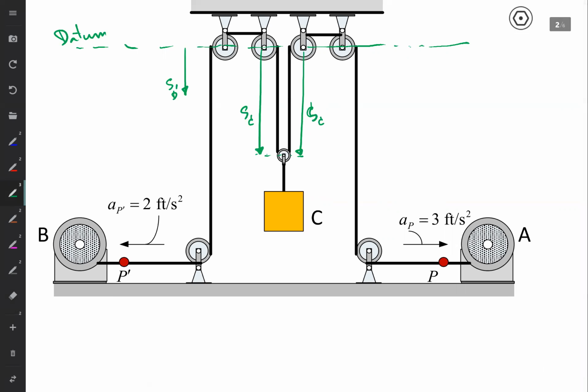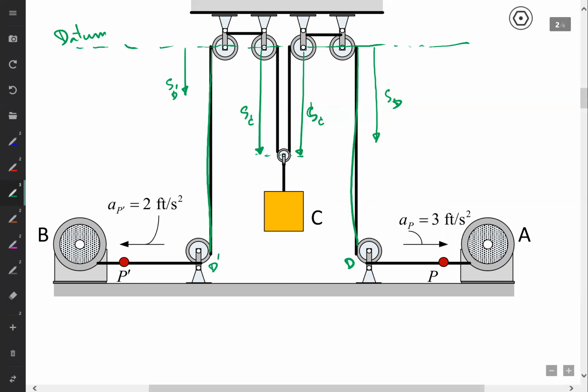But from another side, if I set up this position as point D, and this is point D prime, the cable that is measured from the datum to D is SD, and the cable line that is measured from the datum to D prime is SD prime. So this green line is SD and SD prime, and you see that it should be constant when the cable is moved into the motor.